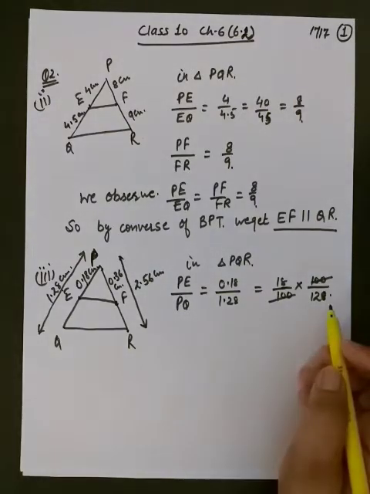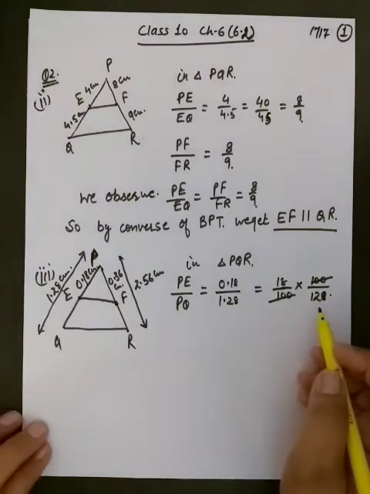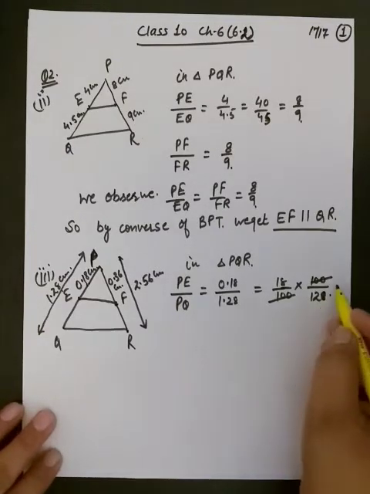Now you can convert this given number to its lowest form. What will be its value? It will be 9/64.